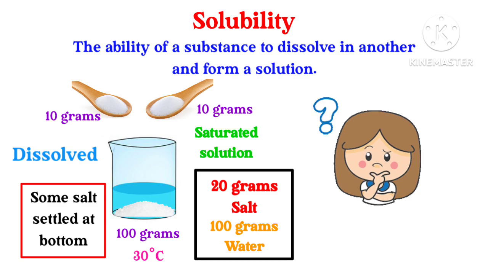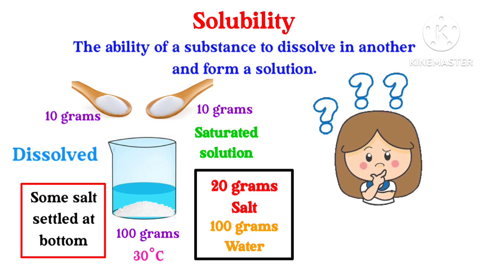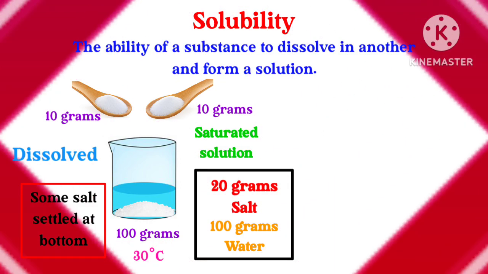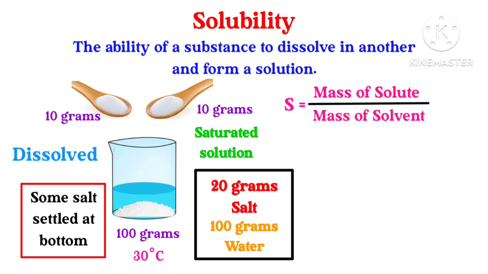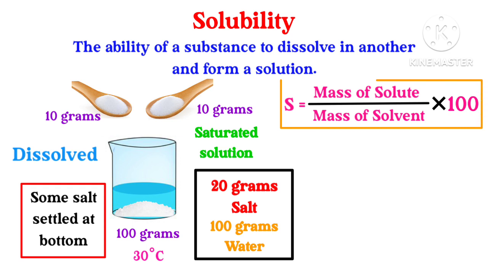Now, how can we calculate the solubility of solution? Well, the formula of solubility is S is equal to mass of the solute over mass of the solvent into 100. Here, the mass of solute or salt is 20 grams that are dissolved in 100 grams of solvent or water.